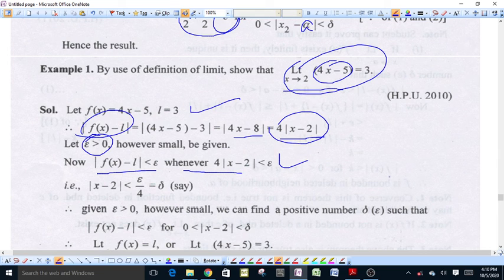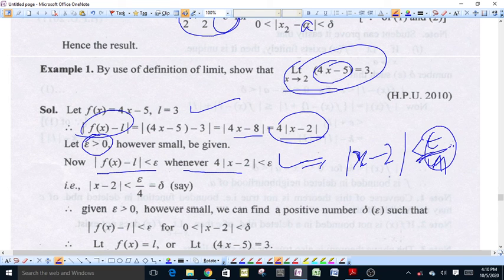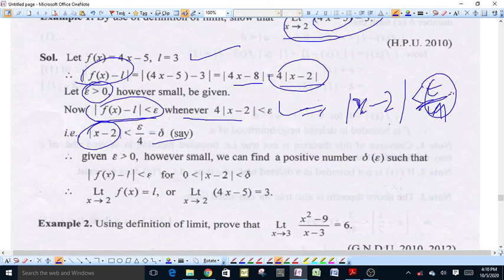Suppose we take delta equal to epsilon by 4, then modulus of x minus 2 is less than epsilon by 4. Take this epsilon by 4 equal to delta, then modulus of x minus 2 is less than delta whenever modulus of f(x) minus L is less than epsilon. Here the relation between epsilon and delta is epsilon equal to 4 delta, that is delta is equal to epsilon by 4.